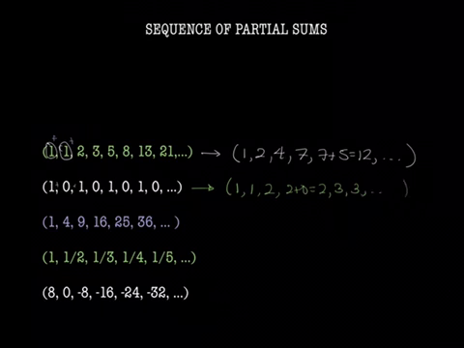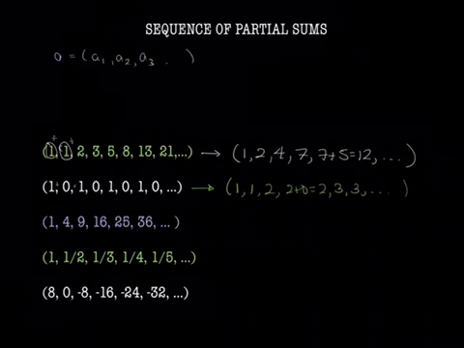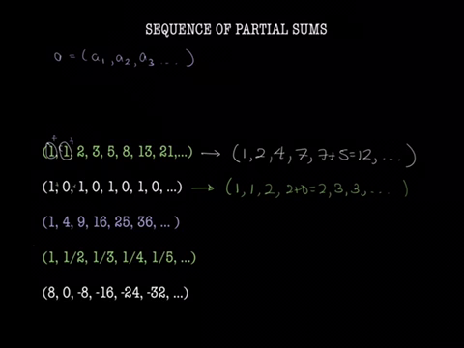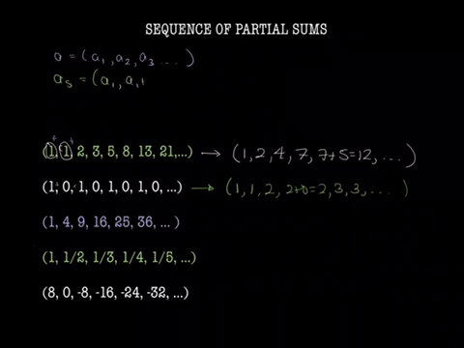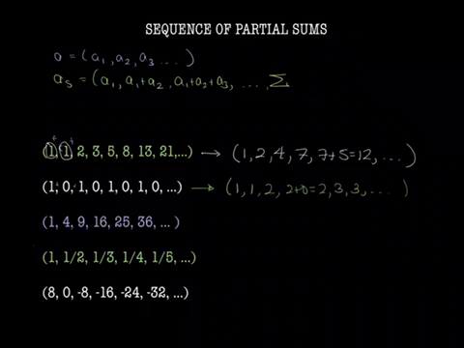In general, to take a current sequence A, given by A1, A2, A3, and so forth, the sequence of partial sums, and we'll denote that A sub S, can be given by A1, then the next term, A1 plus A2, just like we've already done, A1 plus A2 plus A3, and in general, the nth term of the sequence of partial sums is the sum from 1 to n of the previous terms.